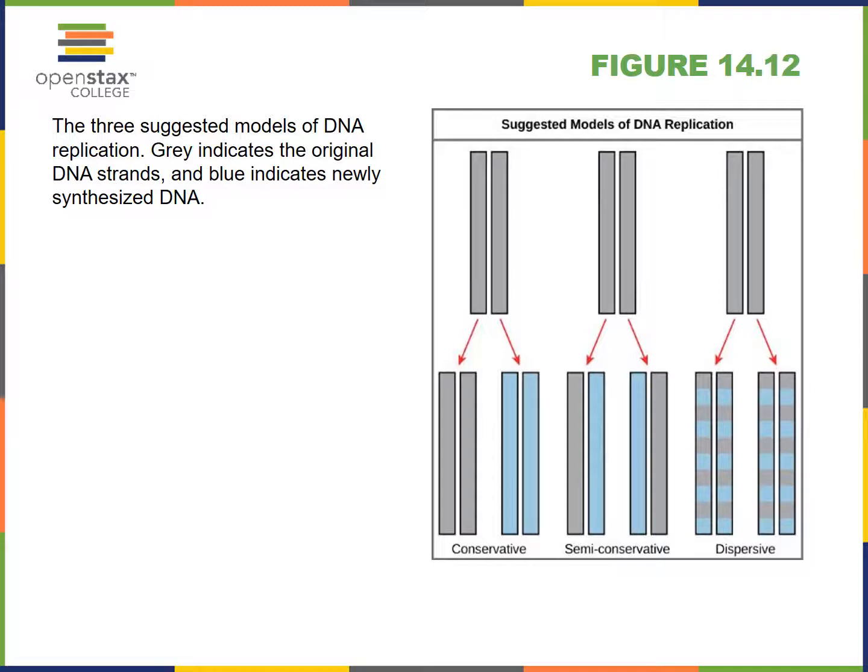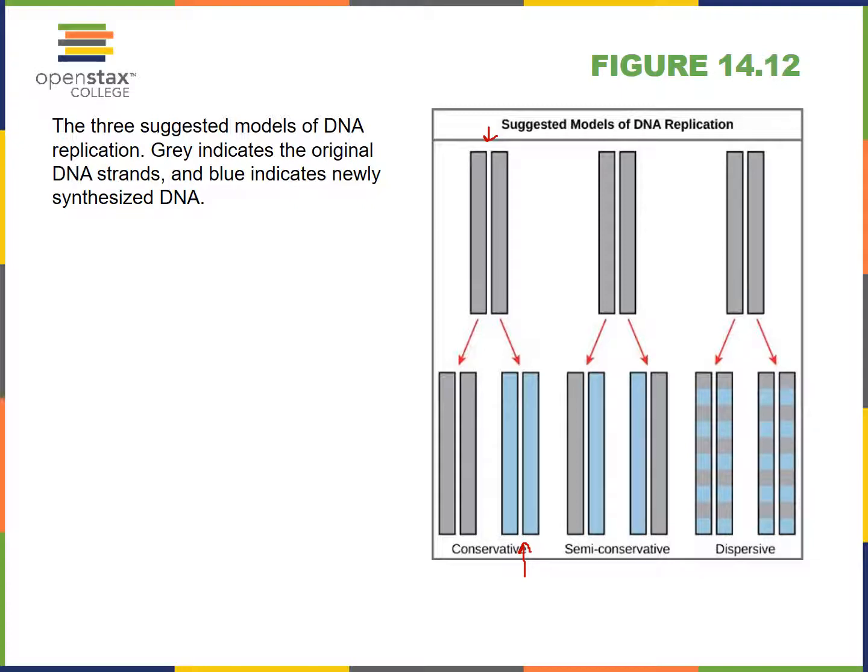Know that back in the day there were 3 models of DNA replication. Here, gray is parental or old DNA, and light blue is new DNA that's been synthesized, that's been made, assembled, built.